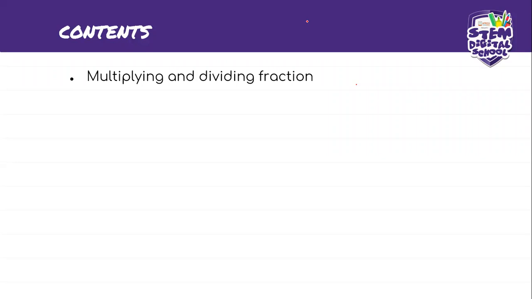So what are we doing when we're multiplying and dividing fractions? Sir, I think when we multiply and divide fractions, we are trying to get the answer that we need. All right, that's awesome.